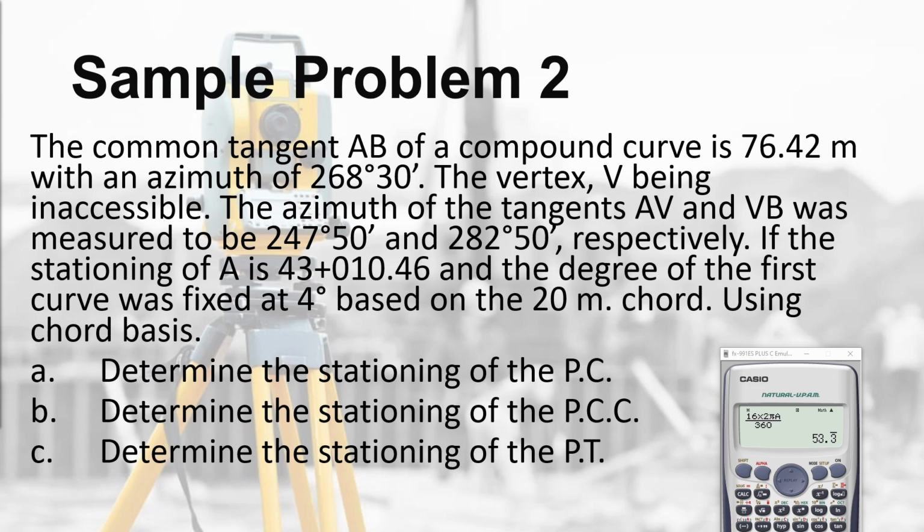If the stationing of A is 43 plus 10.46 and the degree of the first curve was fixed at 4 degrees based on the 20-meter chord, so using chord basis. Binigay na nga sa kanya. So, yun yung mga question. Stationing lang yung question, sa PC, point of combined curvature and point of tangency.